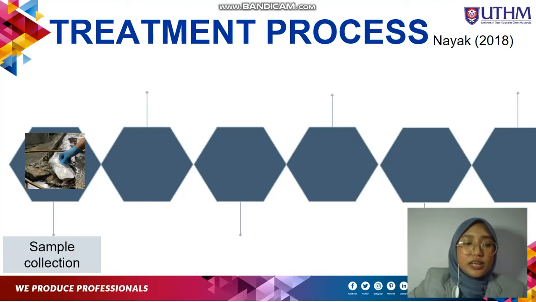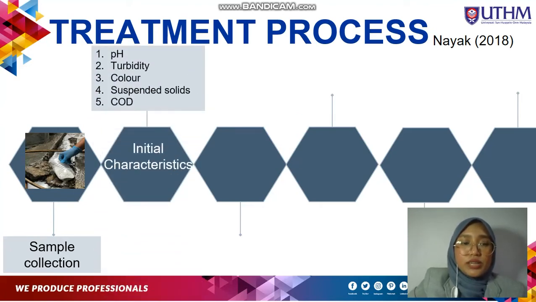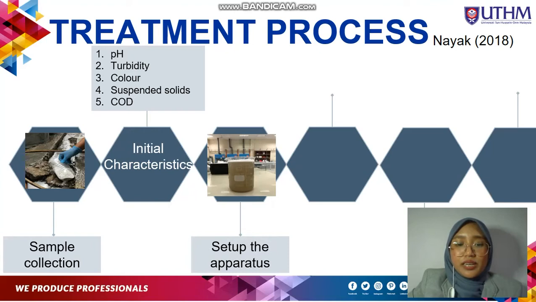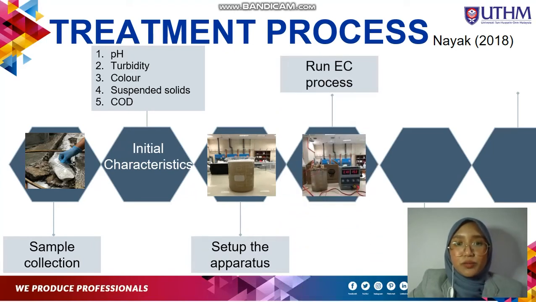Firstly, for the sample collection, this is the outlet for the carwash wastewater. Next, we will analyze the initial characteristics of pH, turbidity, color, suspended solid, and COD. Next, we will set up the apparatus and run the EC process.